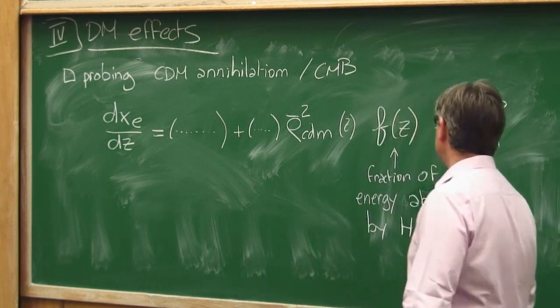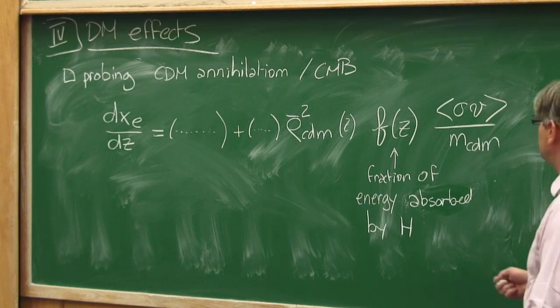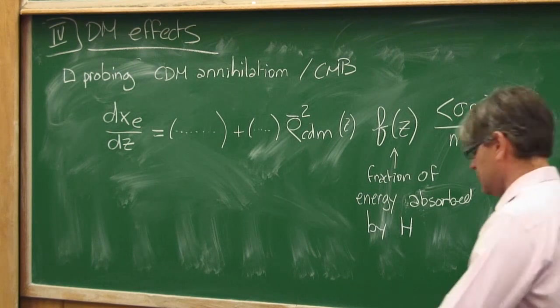So depending in which annihilation channel your cold dark matter will annihilate, this fraction will be bigger or smaller, and it will be usually time dependent. To compute f of z, it has been studied for many models, in particular by the group of Finkbeiner. Okay, so there are recent references on this topic.